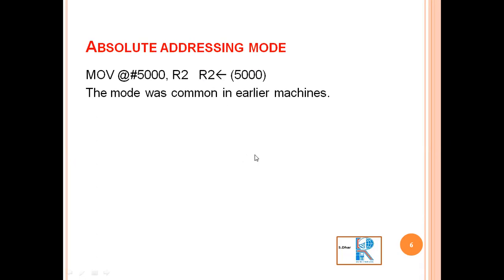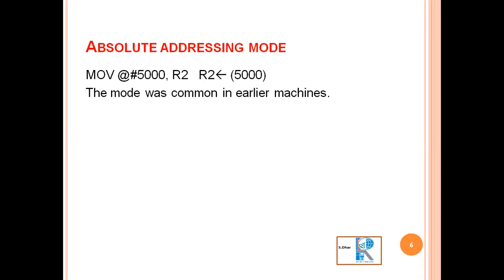Okay, clear? Again I am repeating, in the absolute addressing mode, the particular address is given and the data will be moved from that particular address to the register. MOVE @#5000 means the data stored in the address 5000 will be moved to the register R2. That is called the absolute addressing mode.